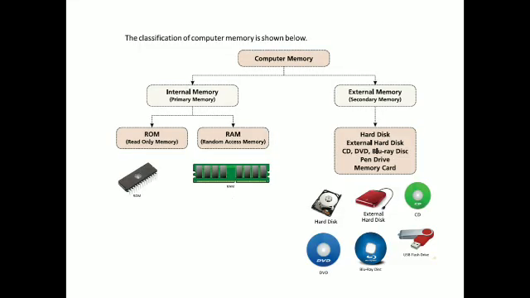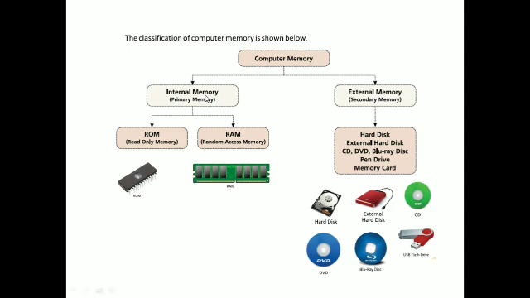Next, classification of computer memory is as shown below. Computer memory can be broadly classified into internal memory or primary memory and external memory or secondary memory. Internal memory is again subdivided into ROM, or read-only memory, and RAM, that is random access memory.